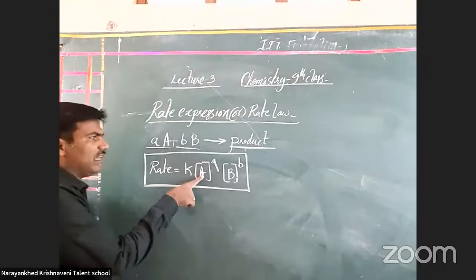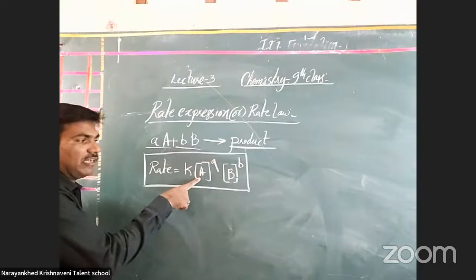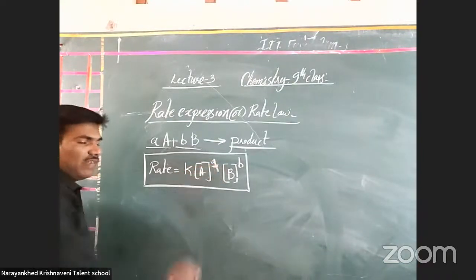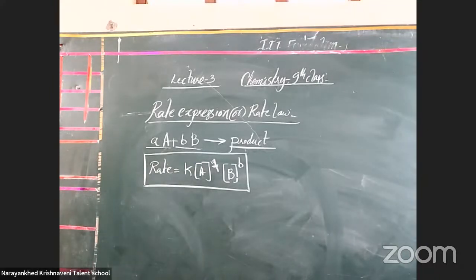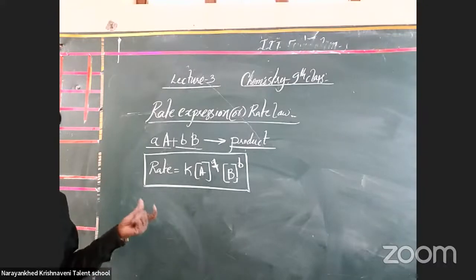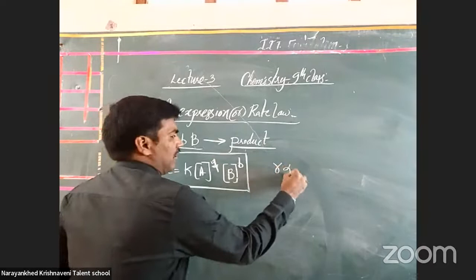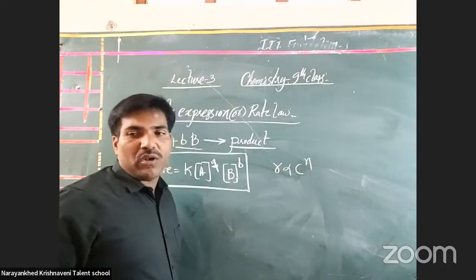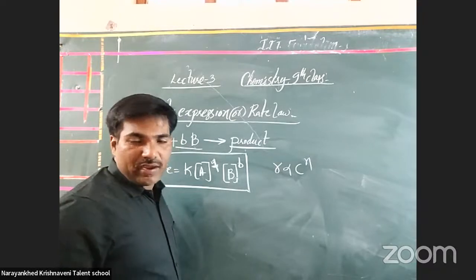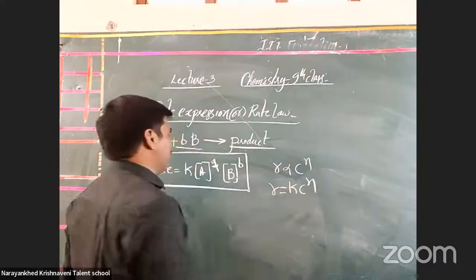What is this small a? It is the order of A, and likewise b is the order of B. You know very well that the rate is directly proportional to C to the power of n. From this we consider it, and it is also written as R = k C^n.